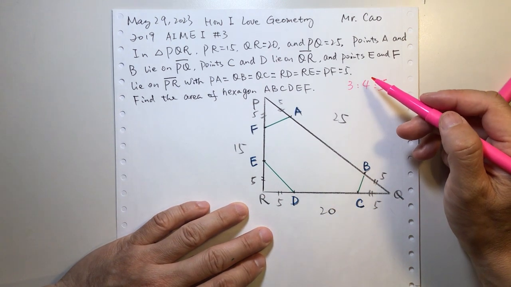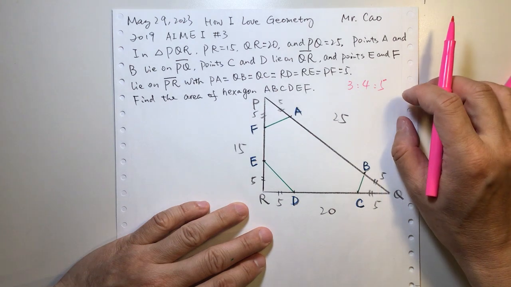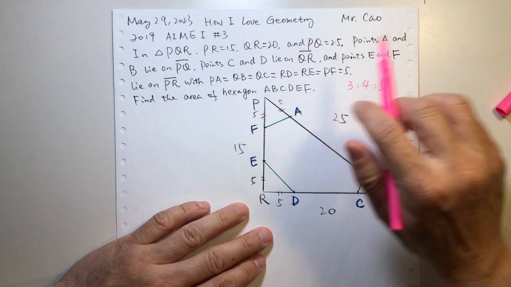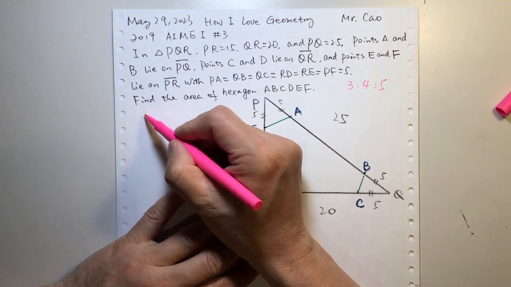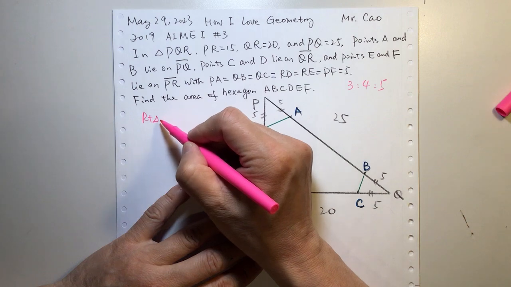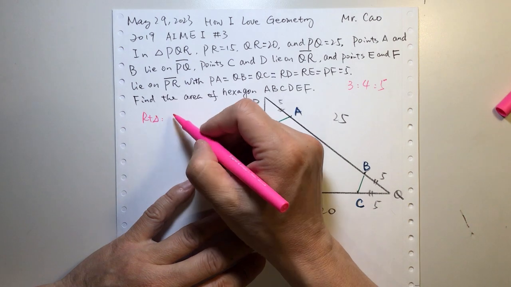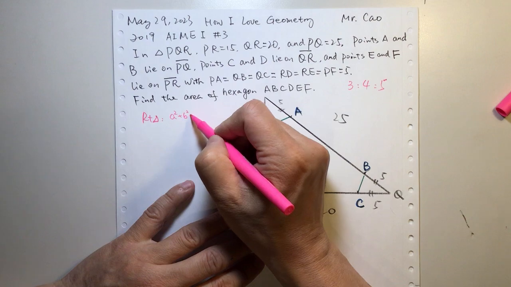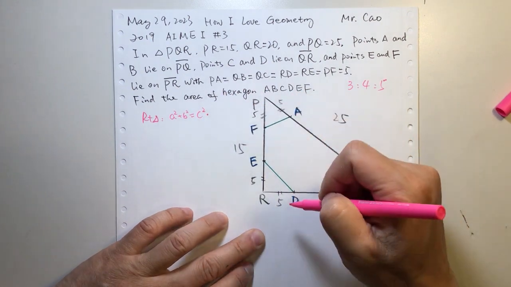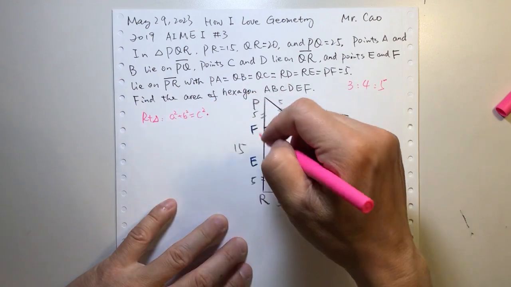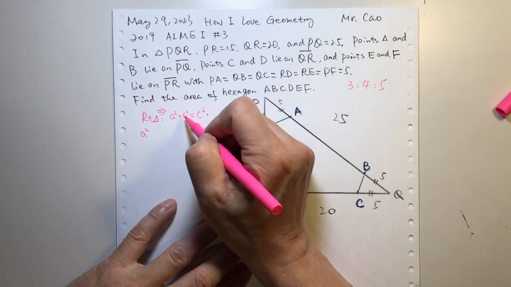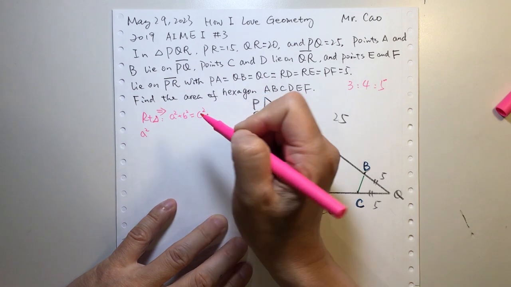So we know the Pythagorean theorem says that for a right triangle, the relationship between the 3 sides is a squared plus b squared equals c squared.